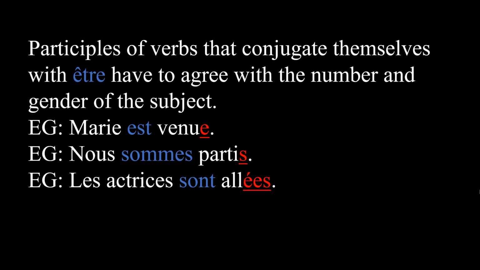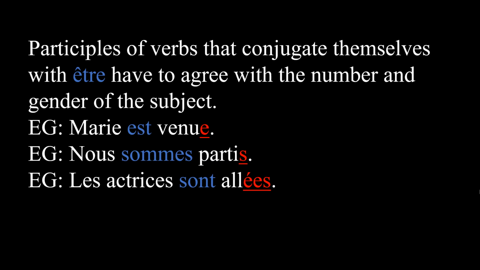This is important. You need to note that the participles of verbs that conjugate their passé composé with être have to agree with the subject. This is the participle which has to agree. So all the Dr. Mrs. Van der Tramp participles are agreeing with the number and gender of the subject. If the subject is feminine singular, there is an extra E added to the participle.